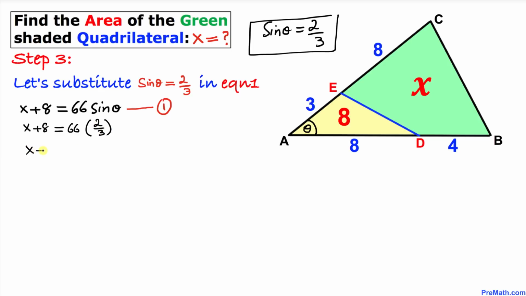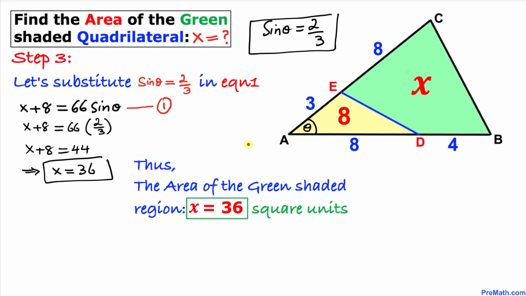If we simplify this, that gives us 44. So that means our x value turns out to be 36. Thus the area of this green shaded quadrilateral turns out to be 36 square units.